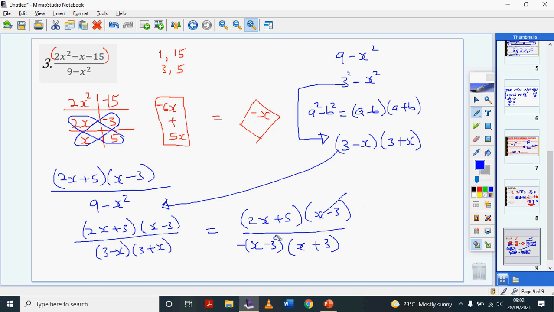So that cancels with that, and then I'll end up with 2x plus 5 divided by x plus 3.